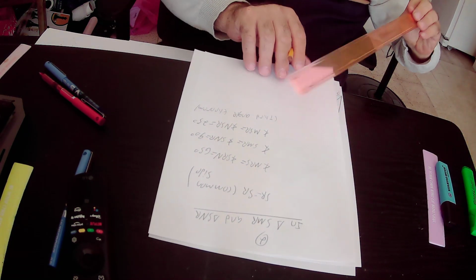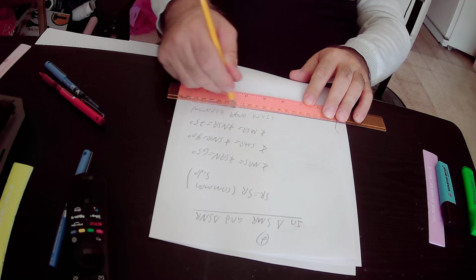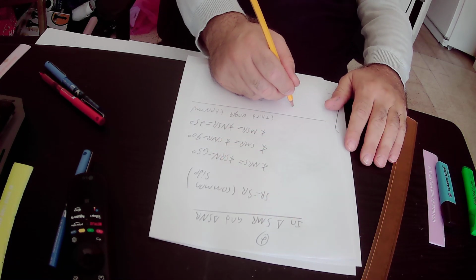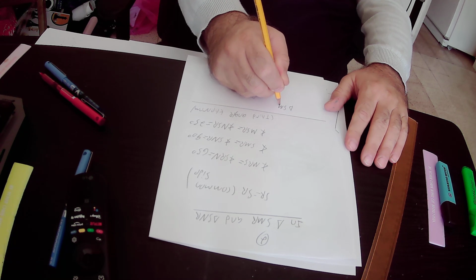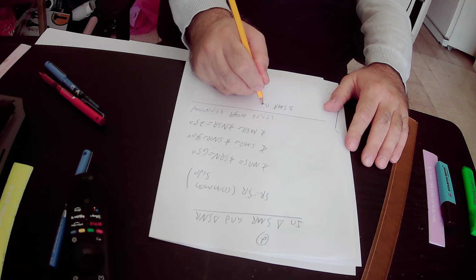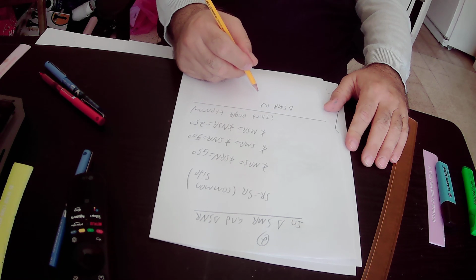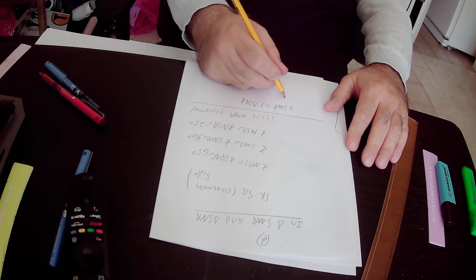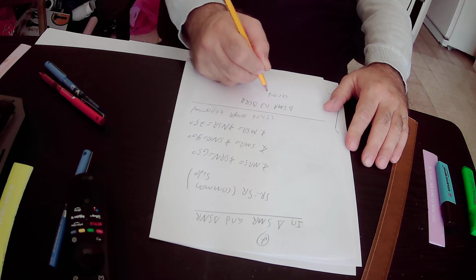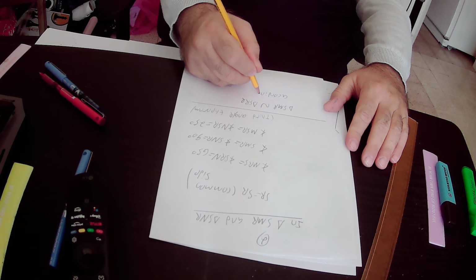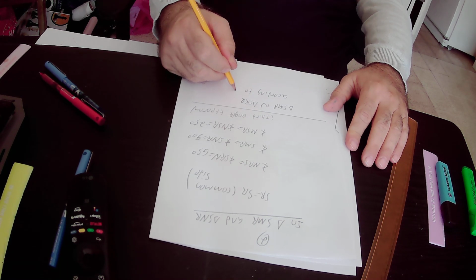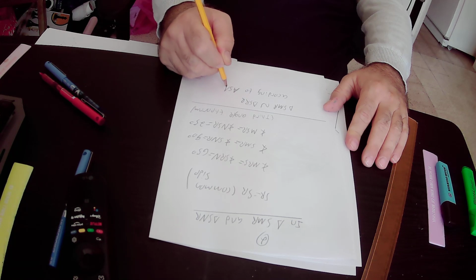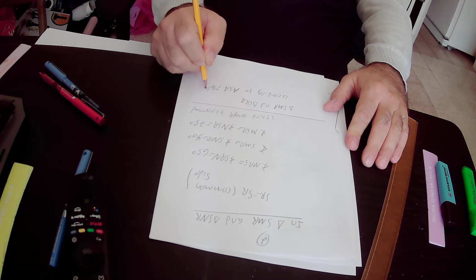So we actually proved that triangle SMR is congruent to triangle SNR according to angle side angle rule. Okay?